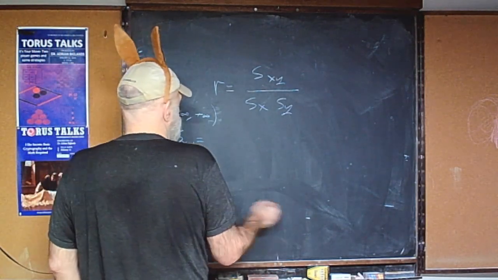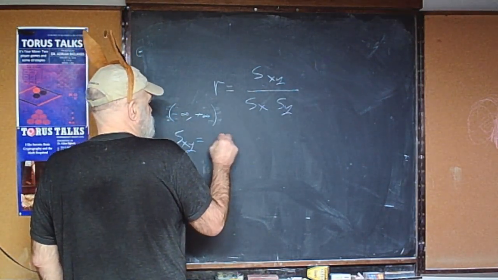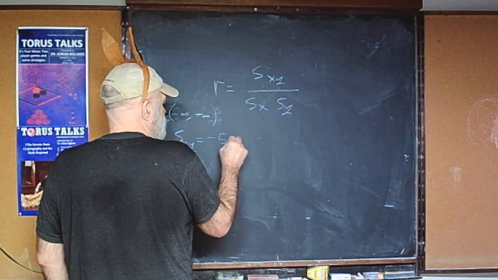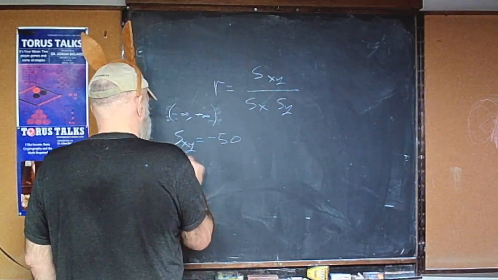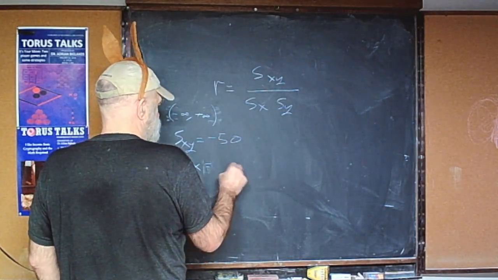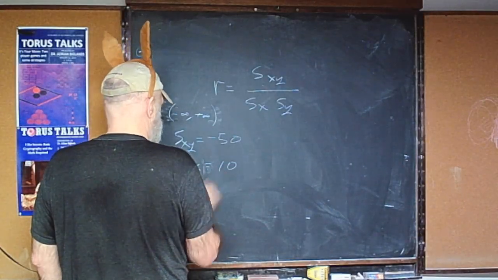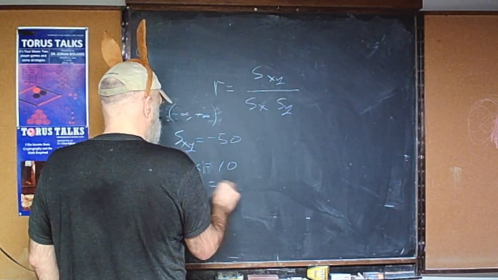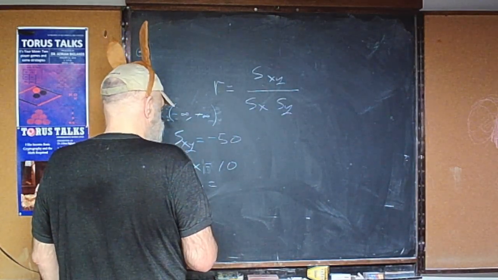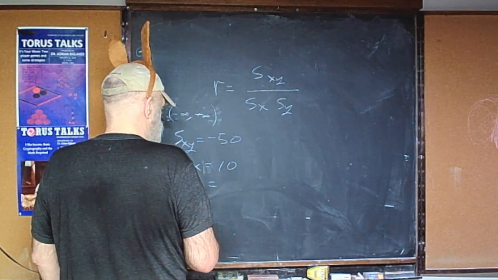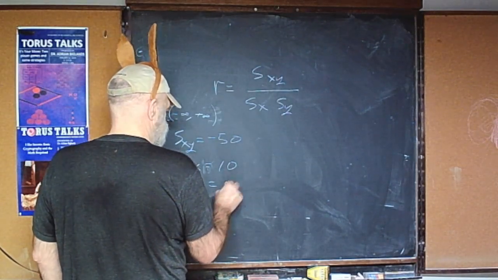Now, let's say s sub xy is negative 50, and the standard deviation of x is 10, and the standard deviation of y is something reasonable, let's call it 8.